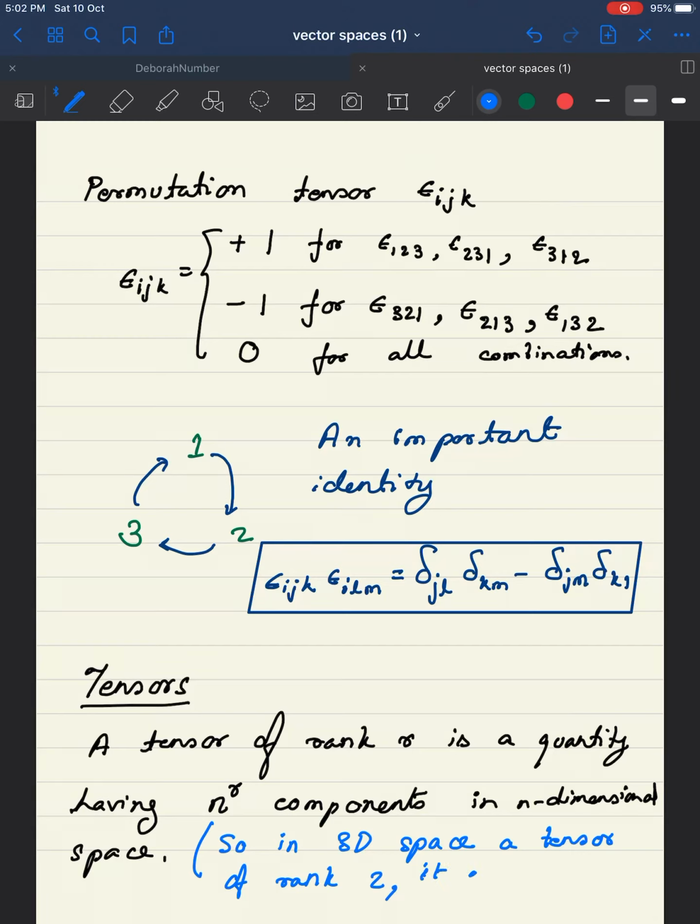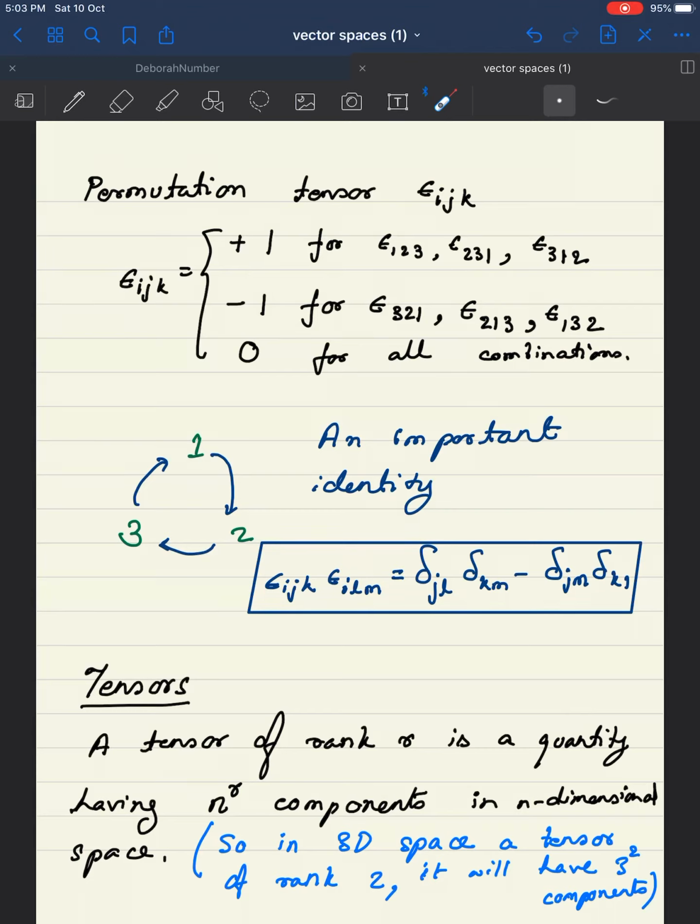It will have 3 square components. Okay. So, I run out of space. So, basically we have 9 components, and we will see in the next chapter, which is going to be on kinematics, where we are going to encounter stress, strain and strain rate, those are all tensors with 9 components.